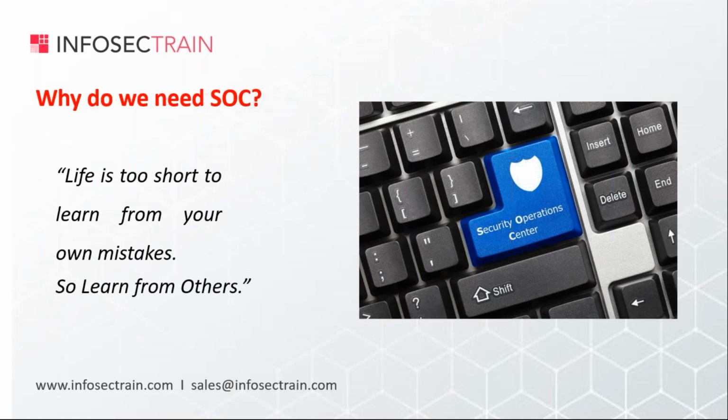There was a company back in the UK, an energy-based firm. They wired, I guess, $243,000 to the attackers instead of making that transfer to their own company, because the attackers used voice spoofing software and impersonated the head of the parent company, and asked them to make the transfer.